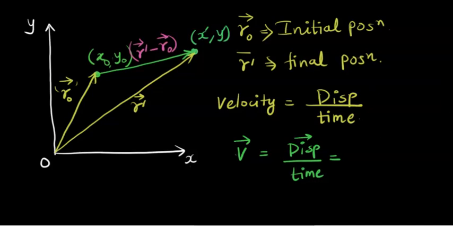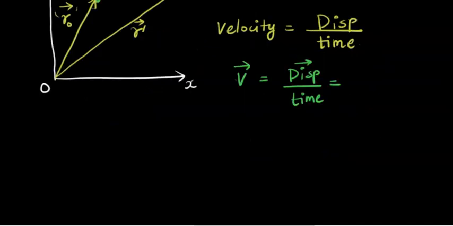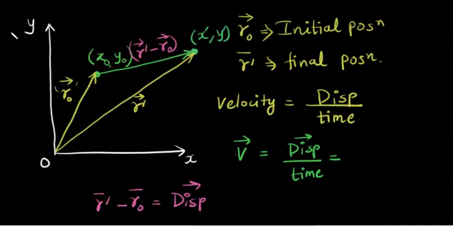So I will write here: r dash bar minus r0 bar is the displacement vector. The 0 is here, by the way, not here.